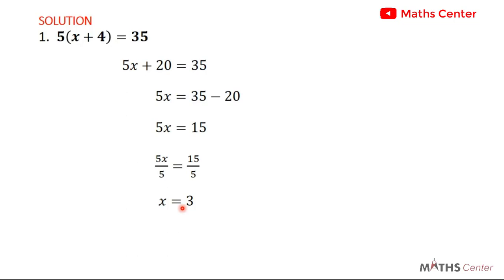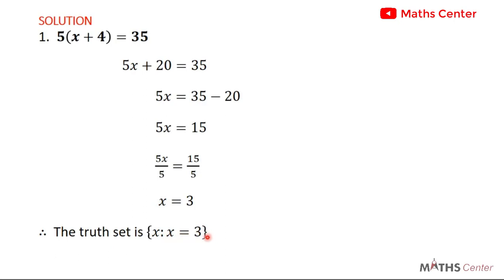To find the truth set, it means that you have to give your answer in the form of a set. We know that in sets we write our answer in a curly bracket. So what you do is that we say therefore the truth set is, you write a curly bracket, then you write the variable. We say that x is such that x is equal to 3.